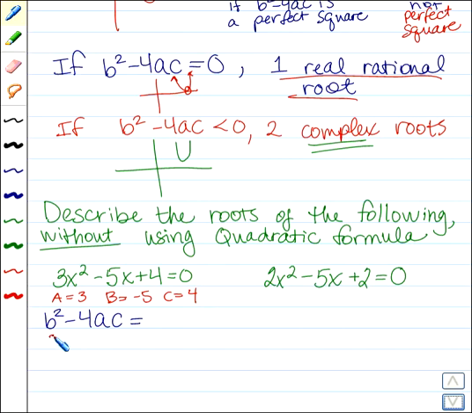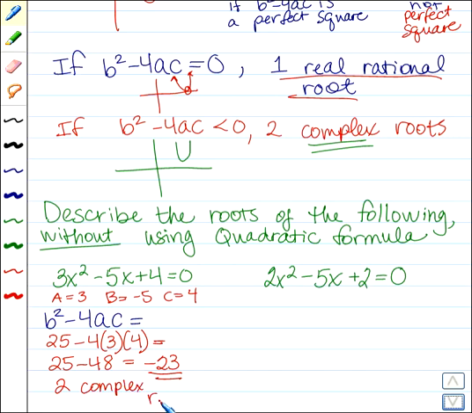So b squared is 25 minus 4 times 3 times 4. So we got 25 minus 48, which is negative 23. So that's negative. It's less than 0, right? So that would give us this situation where we have two complex roots. Okay? So that would be where the graph doesn't cross the x-axis at all.